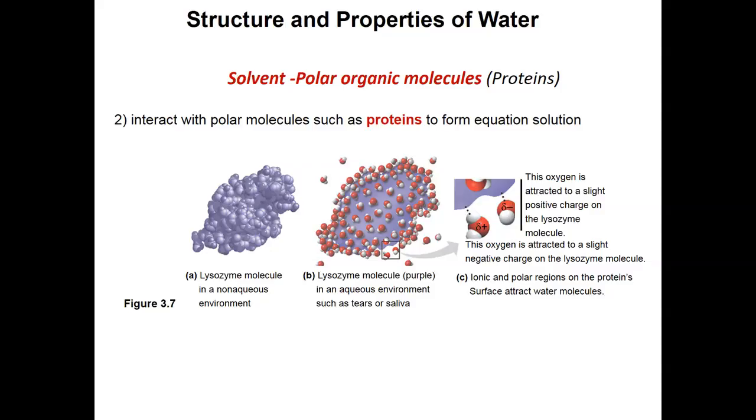Proteins are composed of amino acids. Some of them are polar, but some are hydrophobic. The polar amino acids are on the surface of the protein, and the hydrophobic ones are inside, hidden away from the water. The polar amino acids on the surface do the very same thing that I just described with the salt.